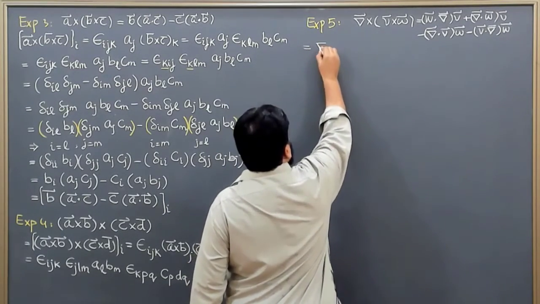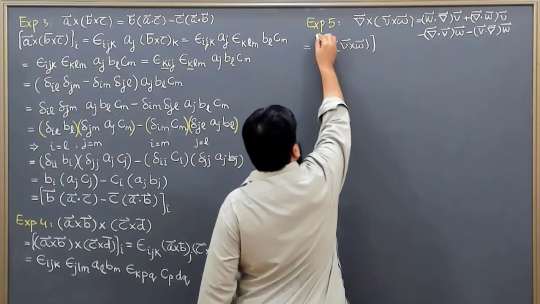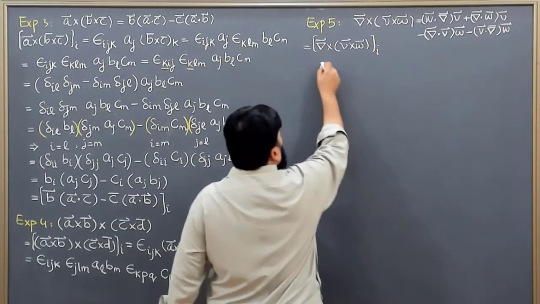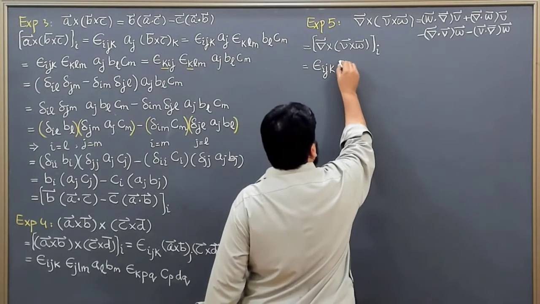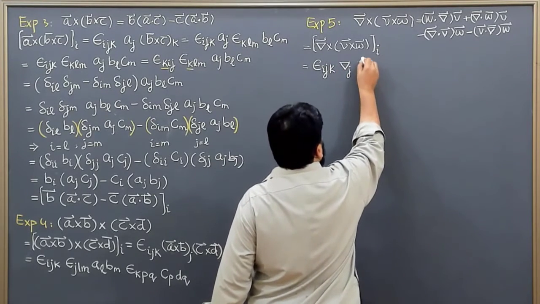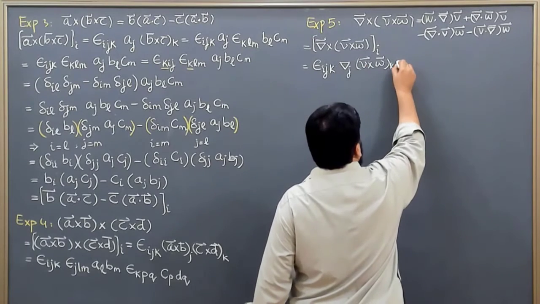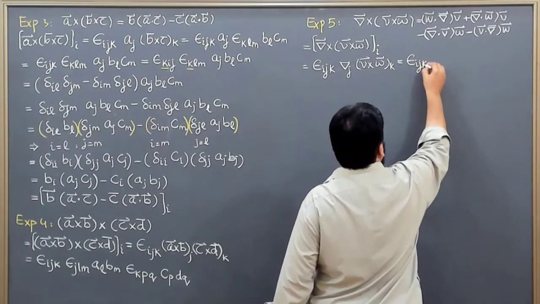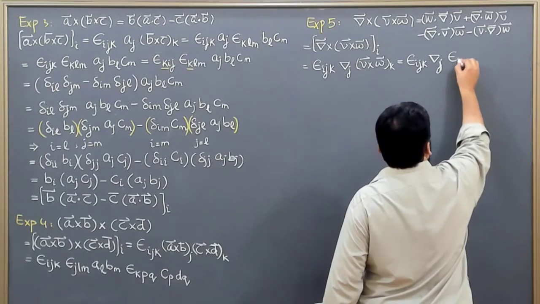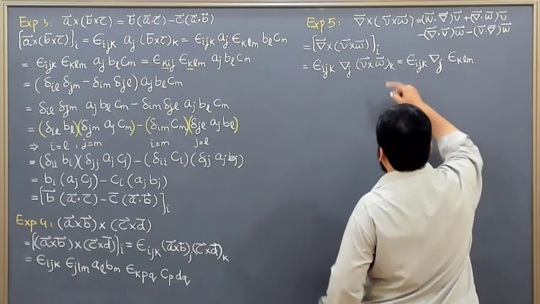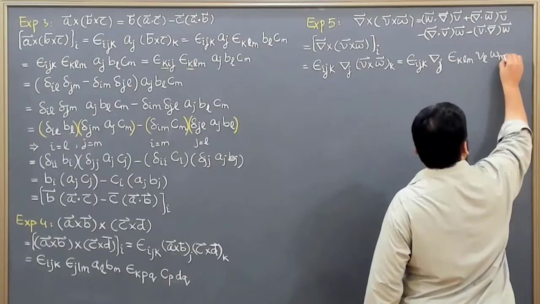I take the ith component of del cross V cross W. So this is then equal to epsilon ijk, and then del J and the K component of V cross W. And now I can write epsilon ijk and del J, and this one I can write as epsilon K, and I write LM, the indices with this, and V L and W M.